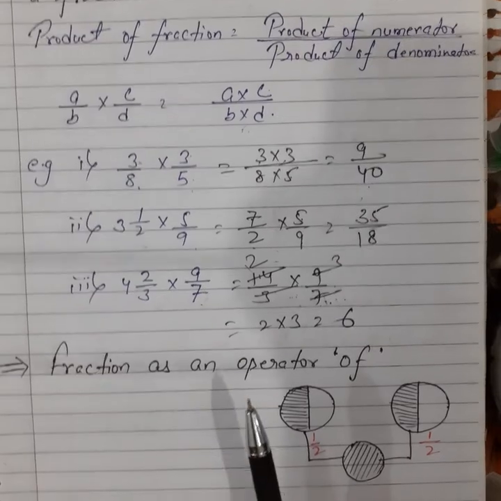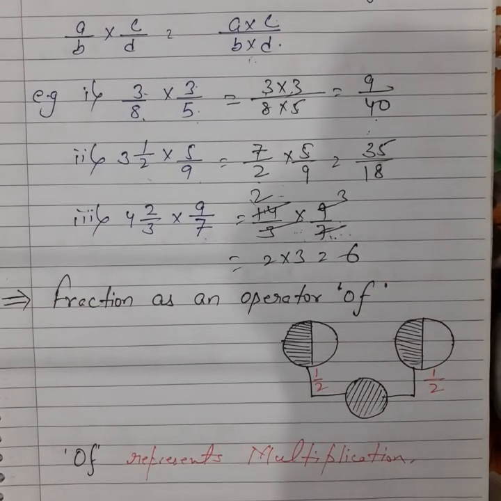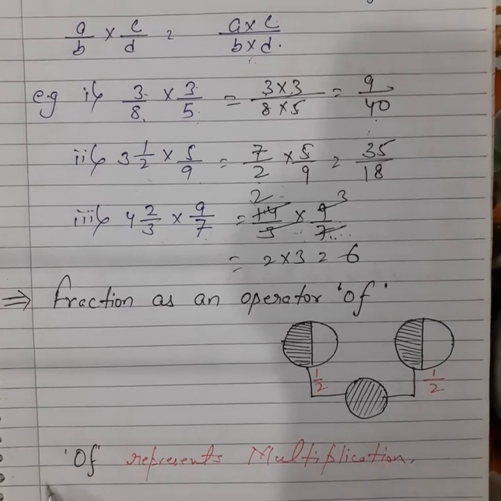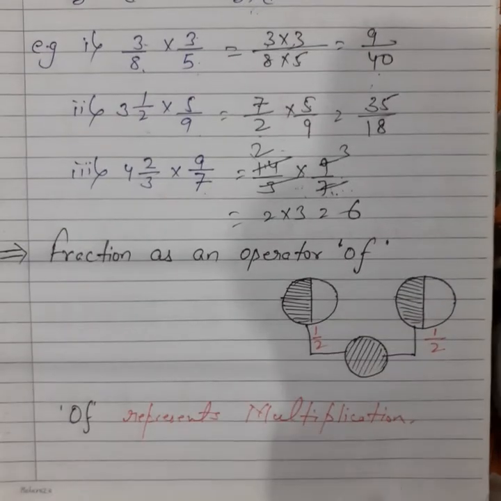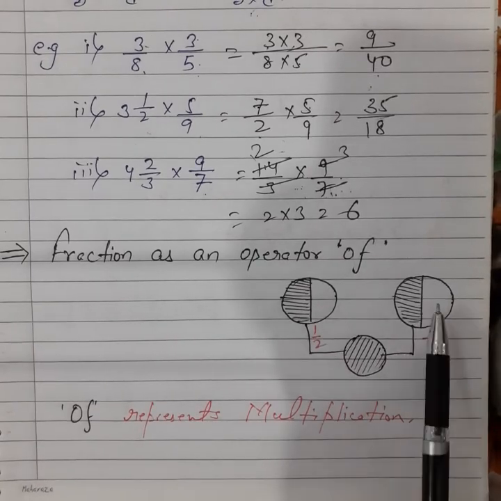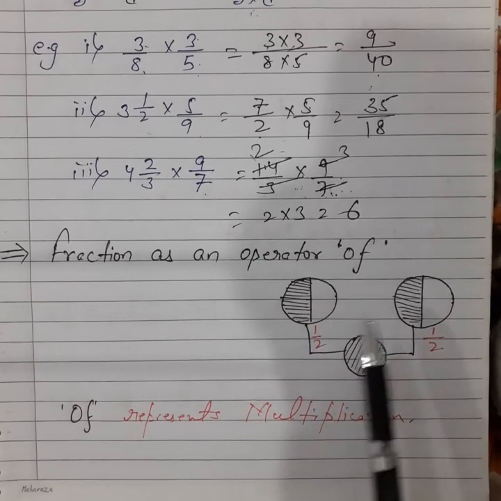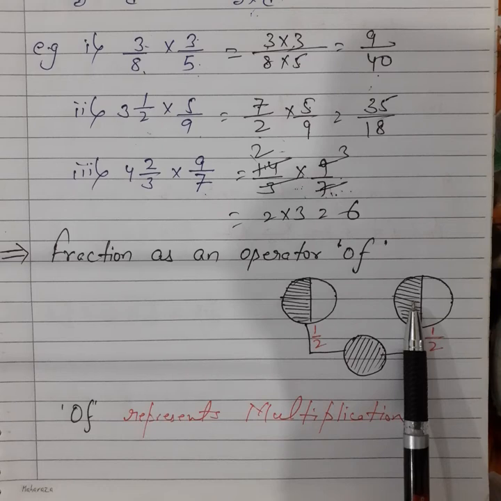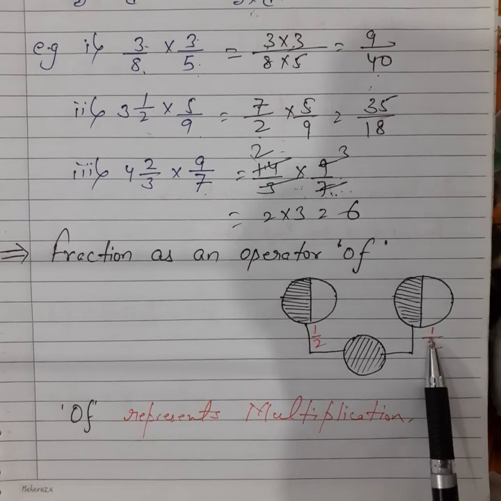Okay. Next is fraction as an operator of. Here you are seeing that we have two circles and half of both the circles are shaded. Half and half.